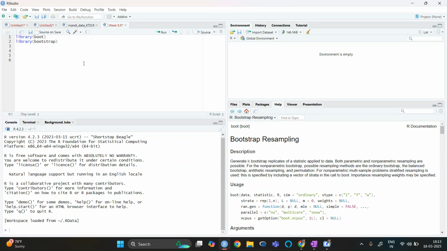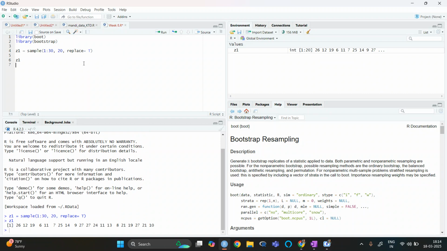So let's say, sorry, sample, I am saving it, let's say Z1, and it is 1 to 30, size is 20, replace true.